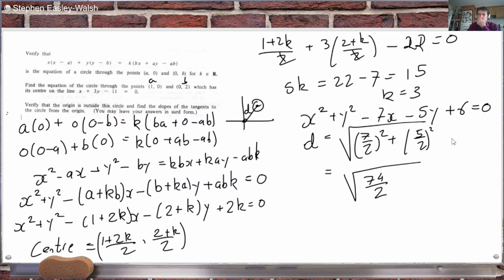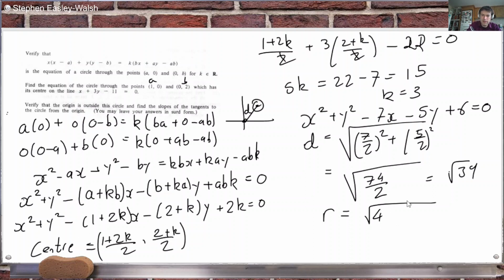But the radius, I haven't actually calculated yet. Let me get my calculator. That's root 37. But the radius is root 49.